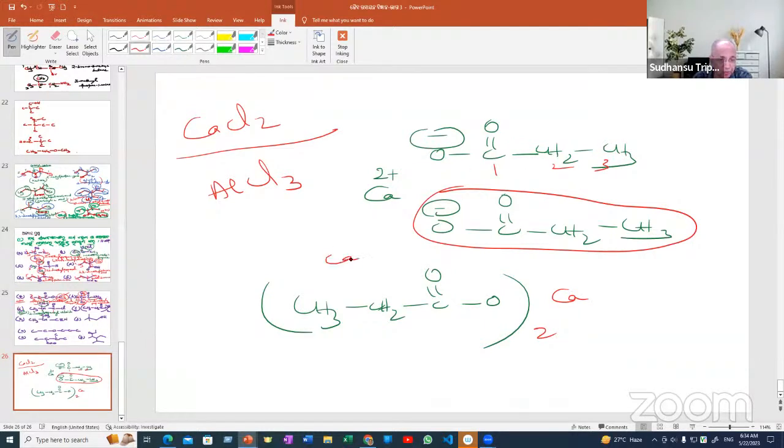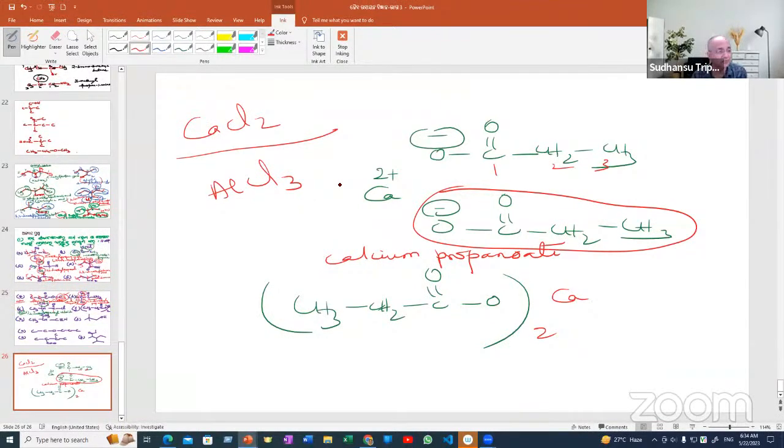So it is simply calcium propanoate. Had it been aluminium 3 plus, then there would have been 3 alkanoate, but you only number 1. You don't say aluminum trichloride. You say aluminum chloride. Right? So have you understood?